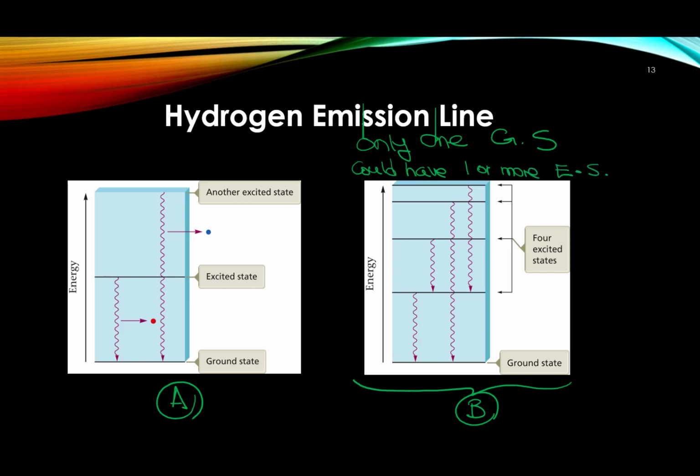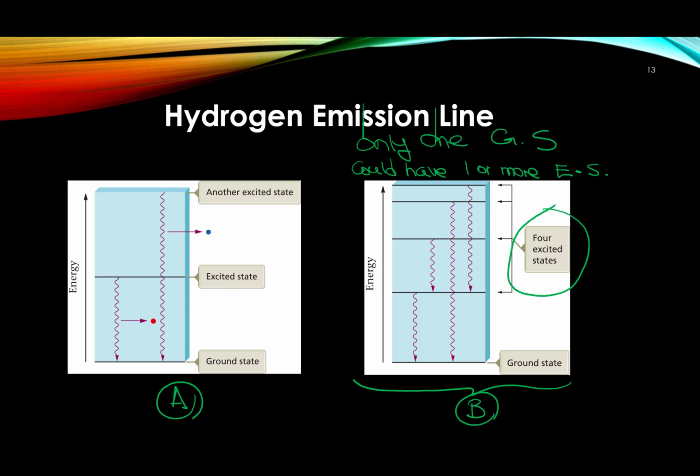As you can see, the hydrogen atom actually has 4 excited states. What I only want you to understand is that some atoms have more than one excited state, but you don't need to know how many excited states each atom has. That's all you need to know.